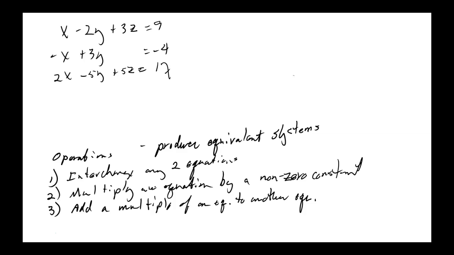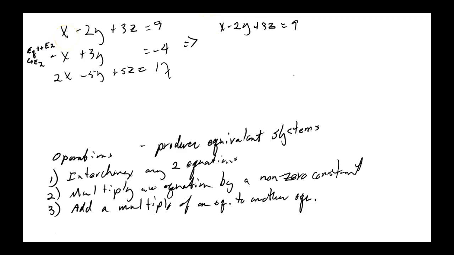Now I'm going to write over here equation 1 plus equation, I'm going to start calling it just E1 and E2, plus E2 becomes the new E2. So I'm going to leave equation 1 alone. x minus 2y plus 3z is equal to 9 because it has that leading 1 there. We're happy with that.